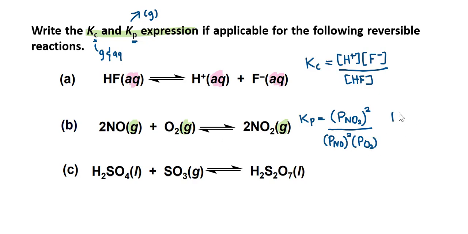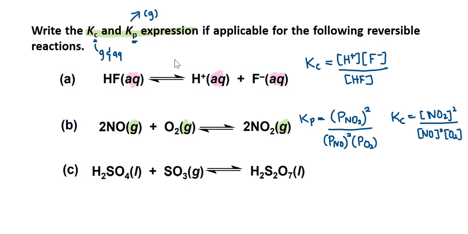And then the Kc expression: again we have the gas phase, so the concentration of NO2 to the power of 2 divided by the concentration of NO to the power of 2 times the concentration of O2 to the power of 1.